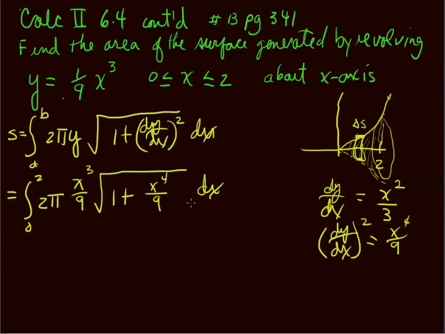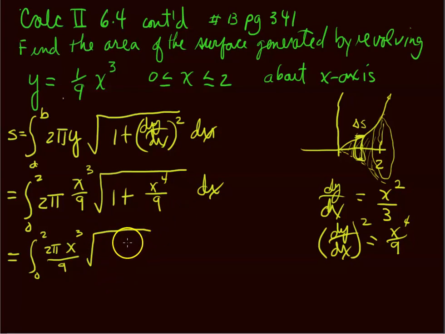Now, with a little bit of work, we pull out the 2 and leave it underneath there for right now. From 0 to 2, we have 2 pi x cubed over 9 times the square root of, well, I'm going to run out of room here.